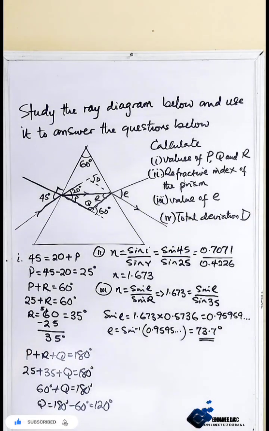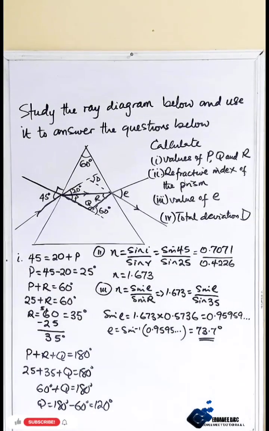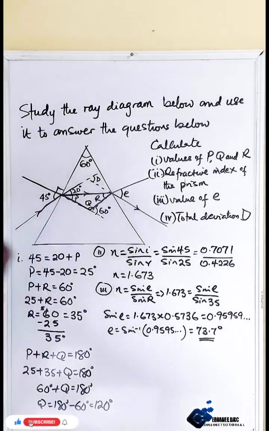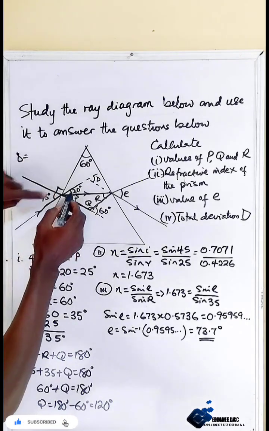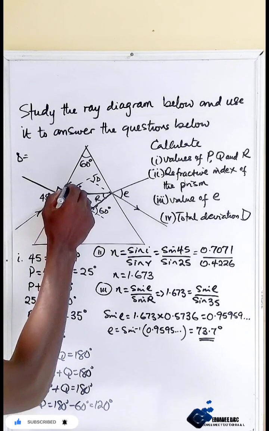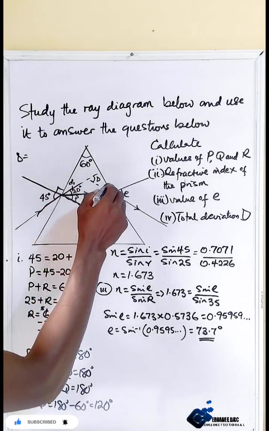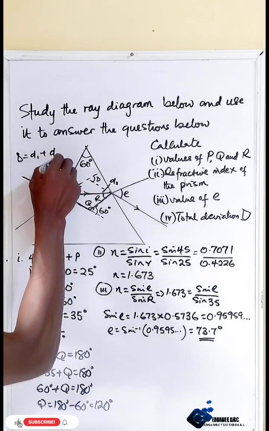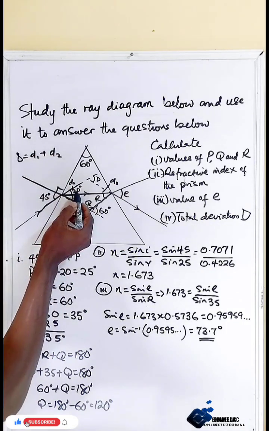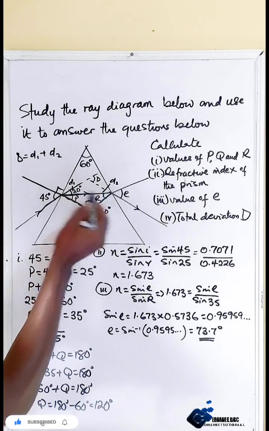Now we are to find the total deviation D. For us to find D, let us take note that D is meant to be D1 plus D2. We know D1 but we don't know D2.